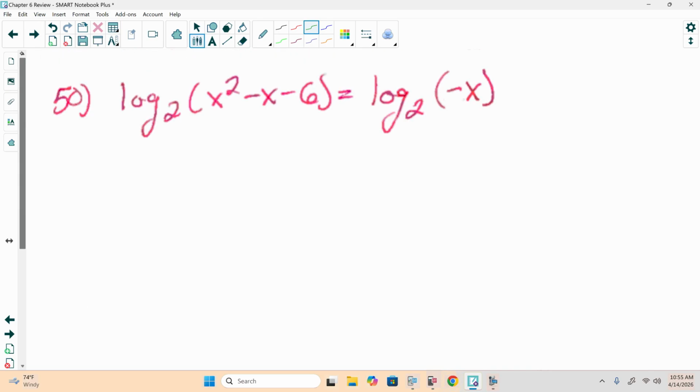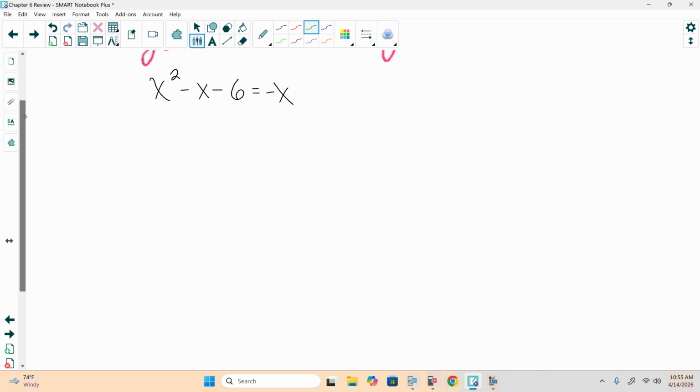Let's look at 50. Log base 2 of x squared minus x minus 6 is equal to log base 2 of negative x. Now, just like the last two, because our logs are the exact same, they're log base 2's, the only way they can be equal is if what's inside each one is also equal.